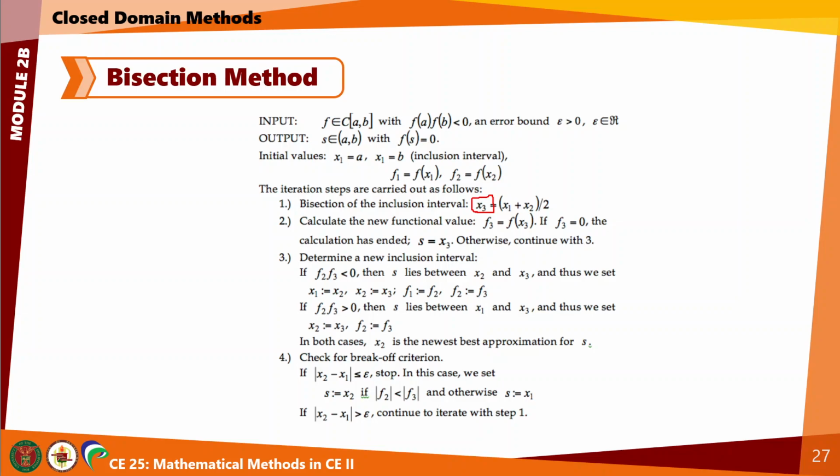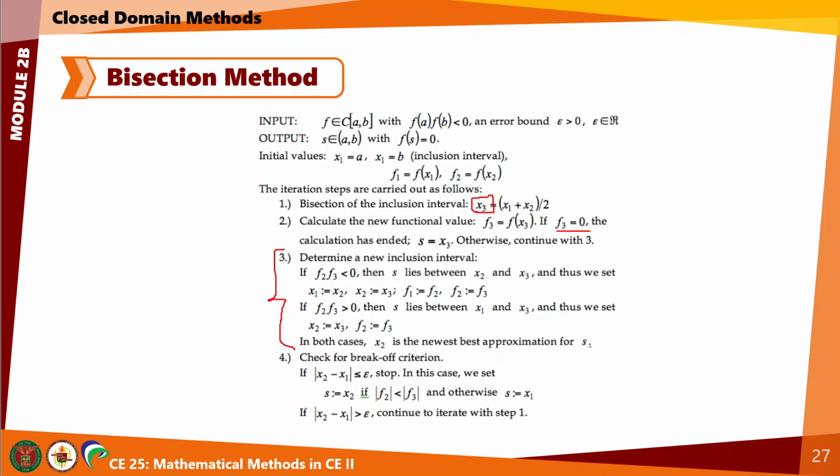Okay, so kung f of x sub 3 is equal to 0 agad, yun na agad yung solution, di ba? Pero that's a rare case. So, most likely hindi equal sa 0 agad yung function value at the x sub 3 or sa midpoint. So, kailangan mo implement ito. Yung paggawa or pagkuha ng bagong interval. Okay?